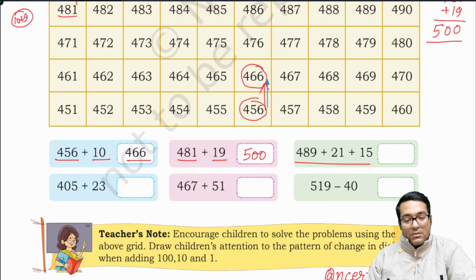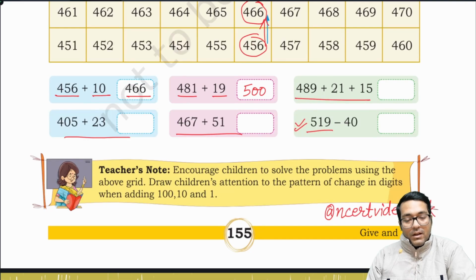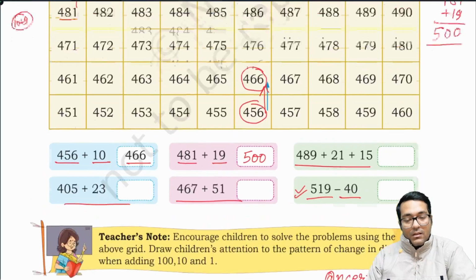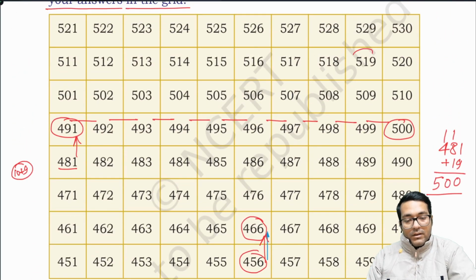Similarly, you can do this one, and this one. In the last question, that is 519 minus 40, 519 is here. For decreasing this by 40, we have to move 4 times from above to bottom.